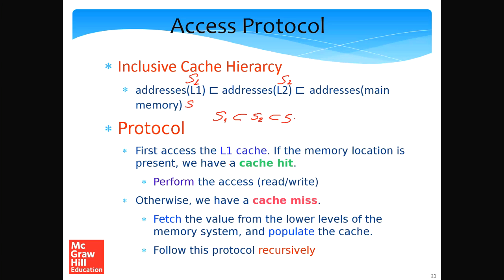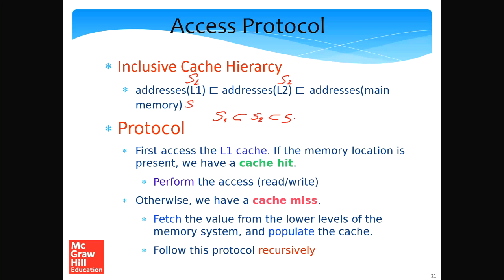This basically means that there will never be any address, not a line, an address, which is present in L1 and not present in L2. There will never be any address which is present in L2 and not in the main memory. So that will never be the case.